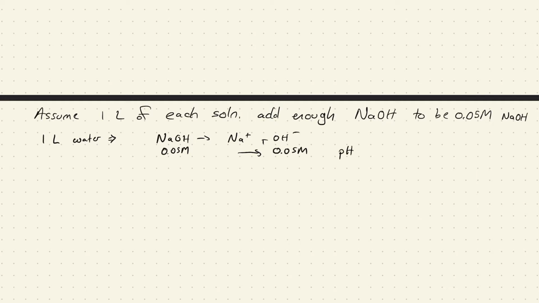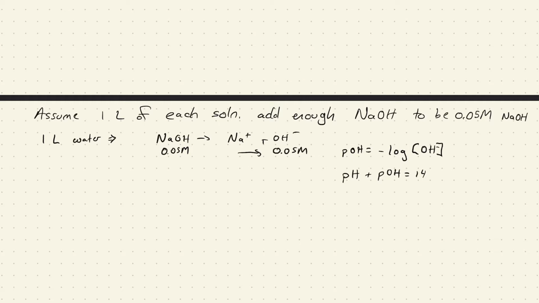Okay, so the pH of a 0.05 molar sodium hydroxide solution is going to be, well, we can find that. We know the pOH is going to be negative log concentration of OH minus. And we know that pH plus pOH equals 14.